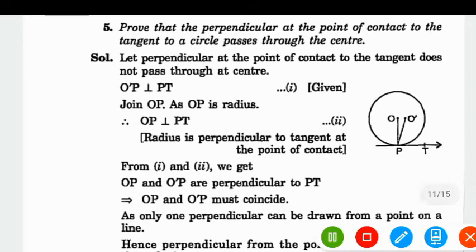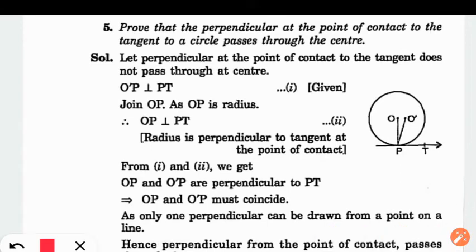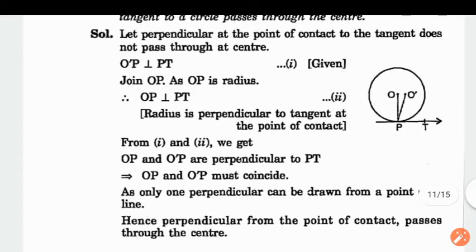So we can say that O dash P must be perpendicular to tangent PT, because according to this question they are perpendicular. Here it is written, perpendicular at the point of contact to the tangent, so they are perpendicular.